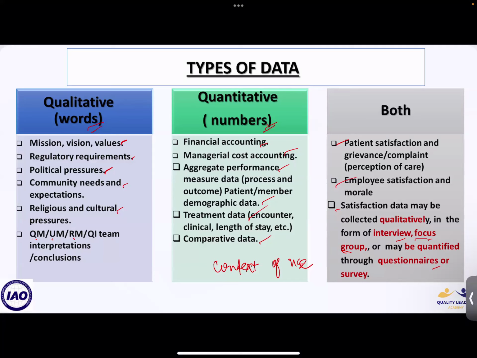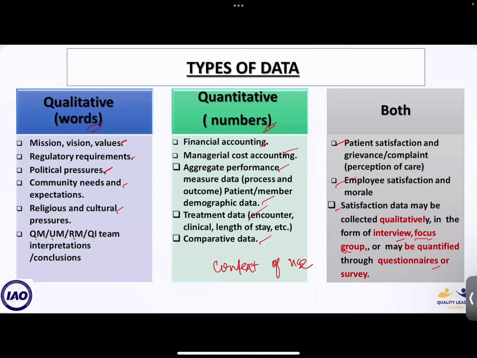It is qualitative. Why? Because the data you are collecting from the interview, whether the patient is satisfied or dissatisfied, does not allow you to determine the percentage of satisfaction or dissatisfaction. So when you use a focus group or conduct interviews, the data type is qualitative.